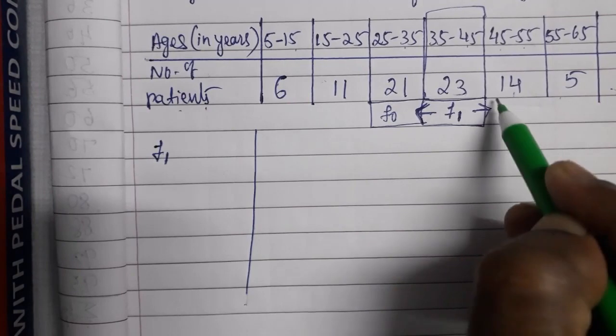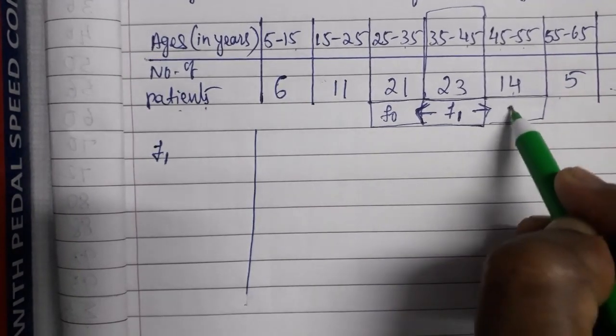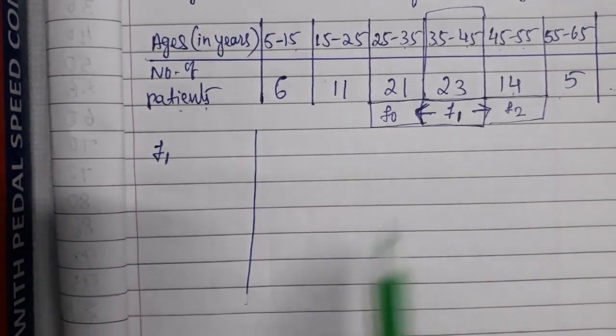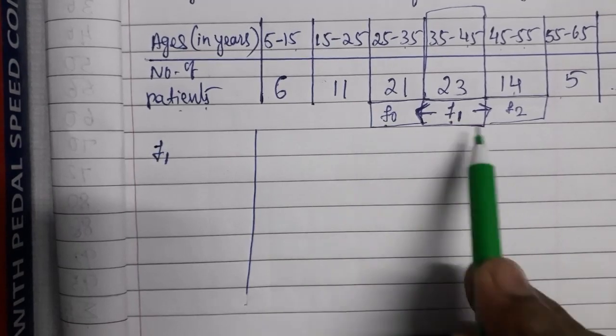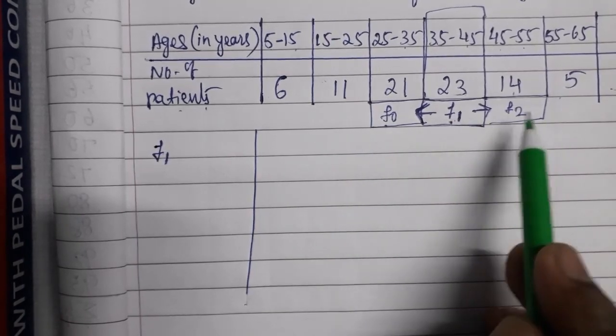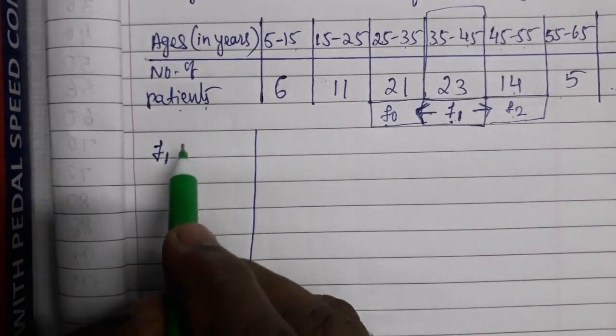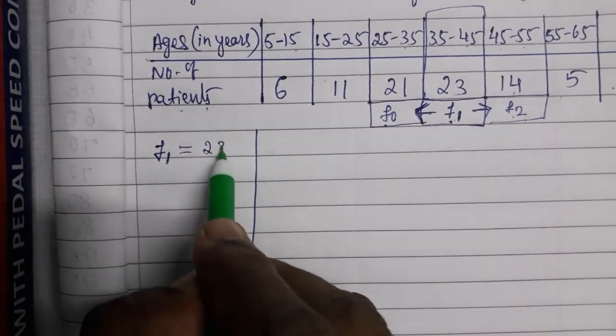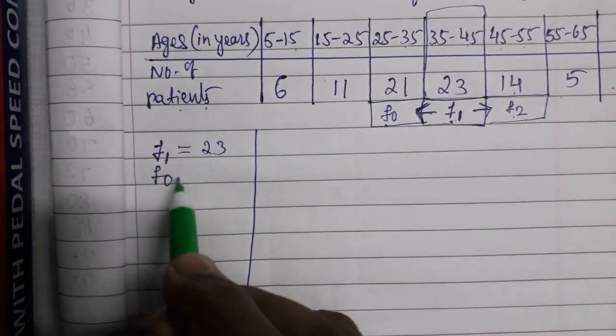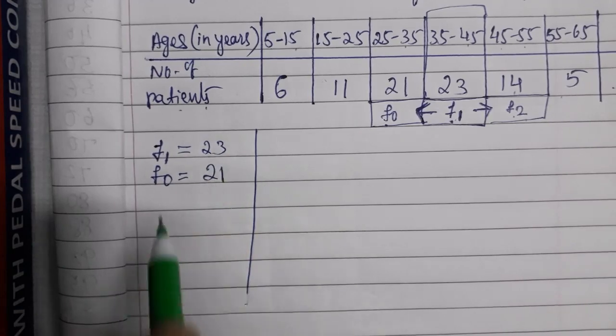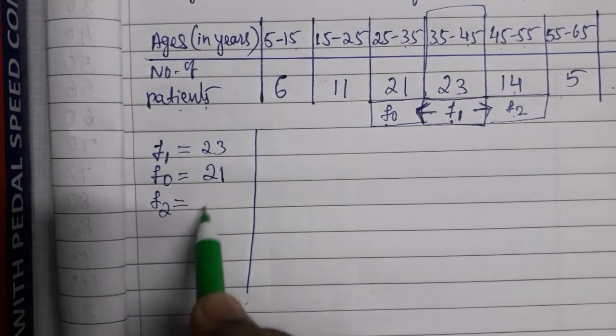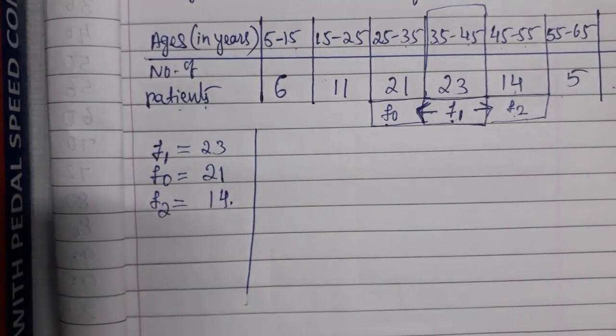Succeeding to F1, that means next, is F2. What is F1? F1 is 23. What is F0? 21. What is F2? 14.